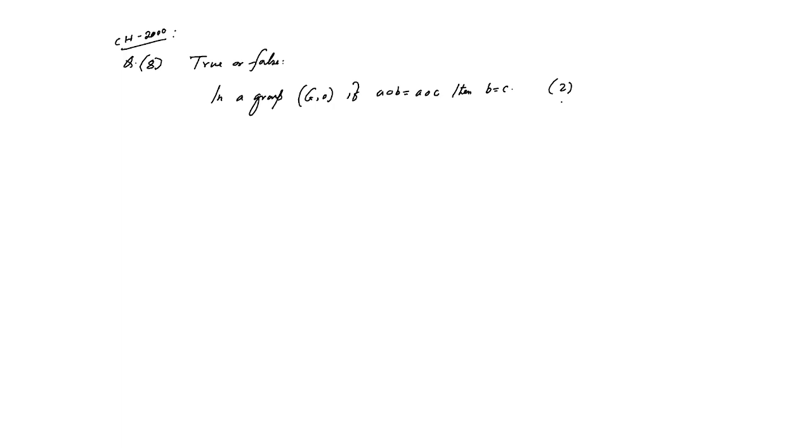That means here it is basically the left cancellation law. It asks whether the left cancellation law holds or not. So how to give the answer? We know that in a group the left cancellation holds, so obviously the statement is true.